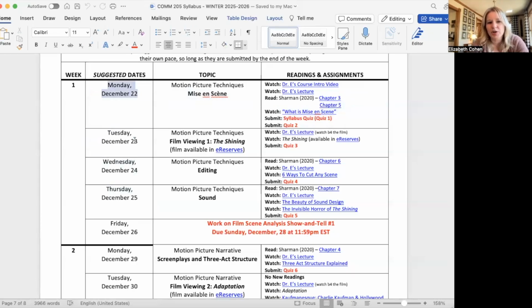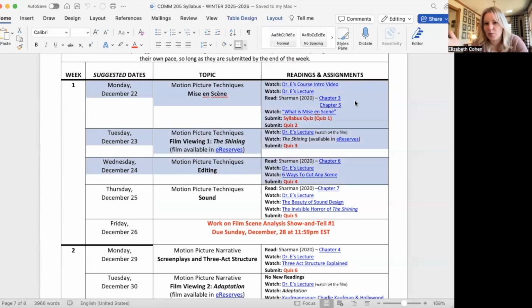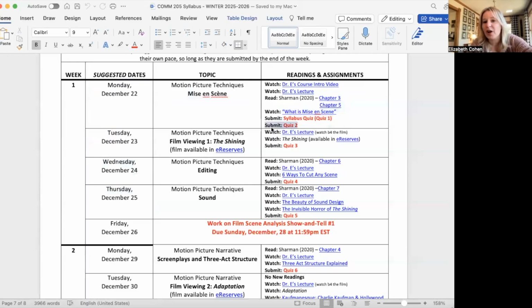So it could be that you complete all three of these units in one day. Maybe you're looking at this on the first Monday of the semester because you're a go-getter and you go through all of this. You do your syllabus quiz, you do the first content quiz, and then you go to watch the first film that we're going to be viewing. I'll talk about that in a second.